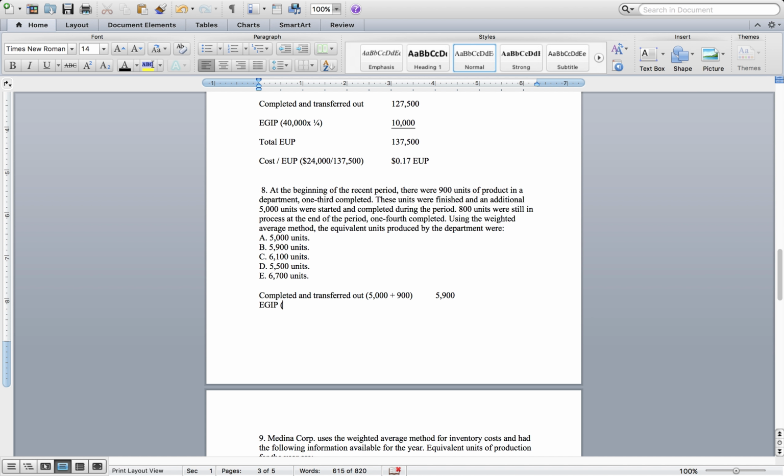That was the 800 units, and multiply by how much was completed, which is 1/4. So multiply by 1 divided by 4, and that'll be 200. So my total, when we add these up, that'll be 6,100 units. The answer is C.